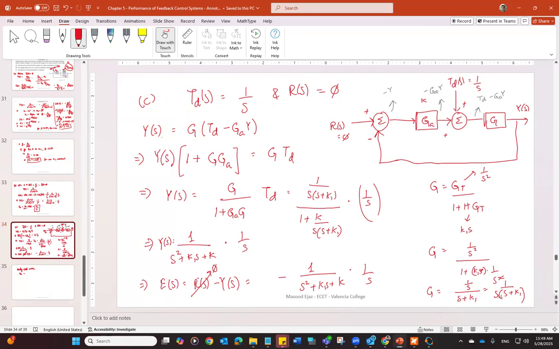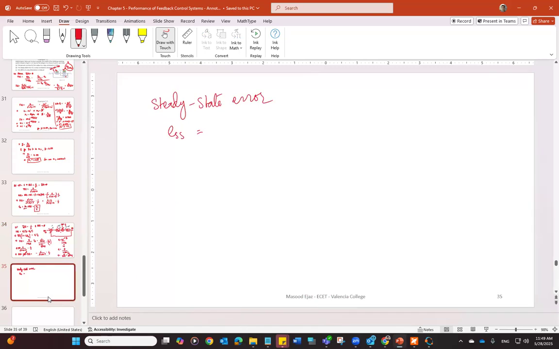So this 1 over S and S will be cancelled out. And I'm going to put S to be 0 here. So 0 and 0. So I'm going to get only negative 1 over K.